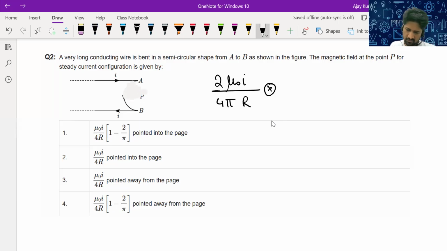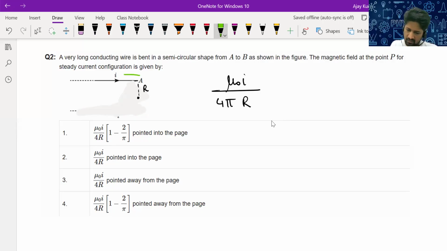Consider one straight wire first, forget the other things. The point is here at a perpendicular distance r. One end the angle is 0, the other end angle is 90. So it will produce a magnetic field of mu naught I by 4 pi r times (cos theta 1 plus cos theta 2). It becomes mu naught I by 4 pi r.